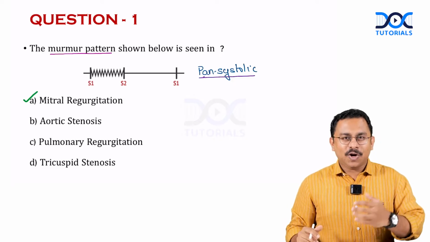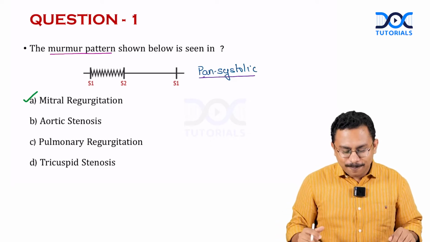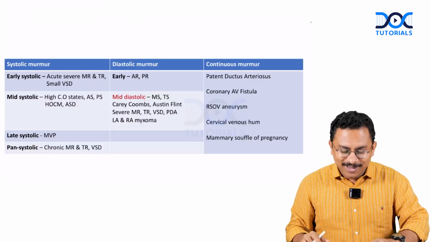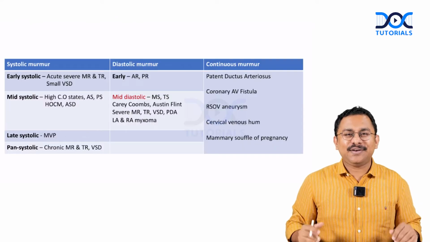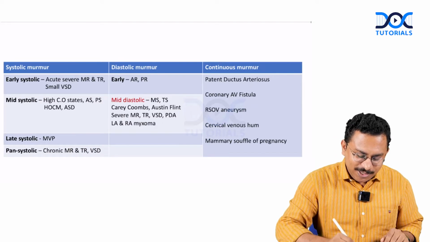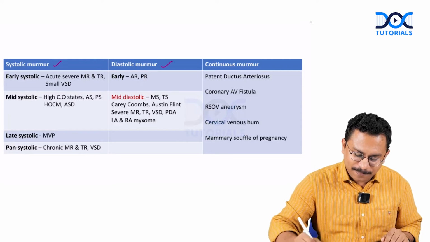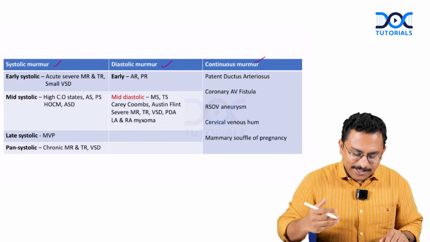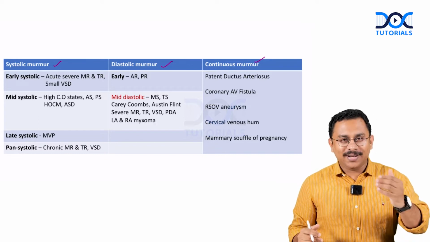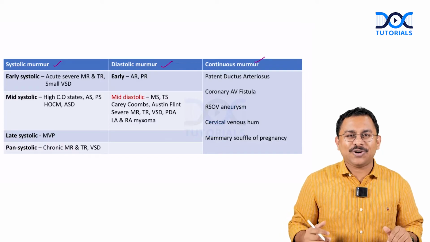Let's just see the other options as well and the murmur patterns in those conditions. I'm just showing you this table to make life a lot easier for you. The different murmurs: systolic murmurs, diastolic murmurs, and continuous murmurs. The systolic murmurs can be divided into early systolic, mid systolic, late systolic, and pan-systolic.